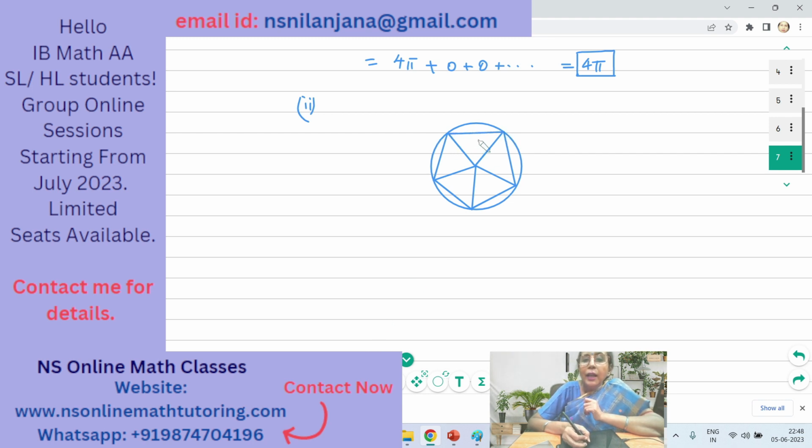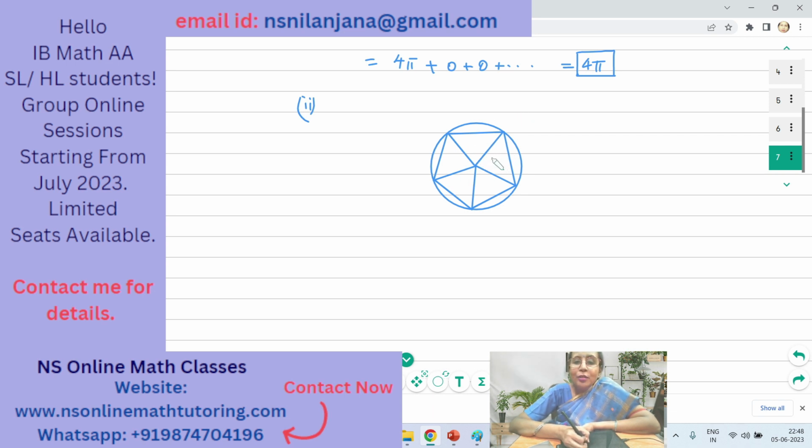And it is a pentagon, a 5-sided regular polygon. I have tried to draw a regular polygon. So it is a regular pentagon.